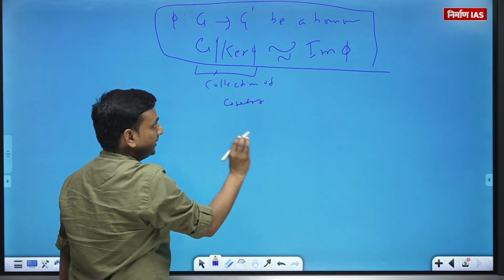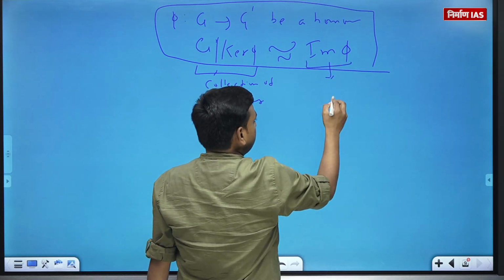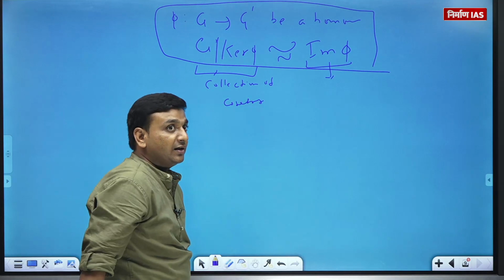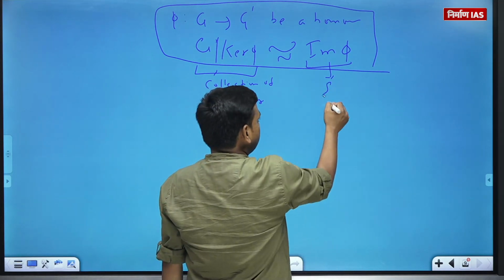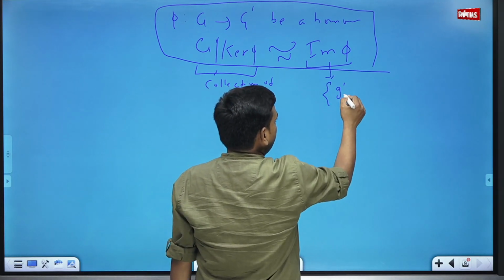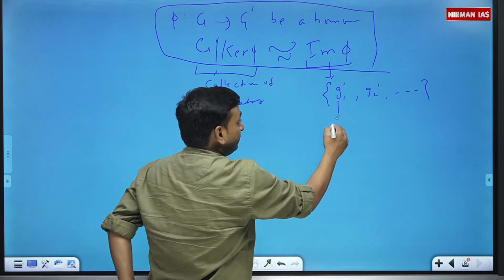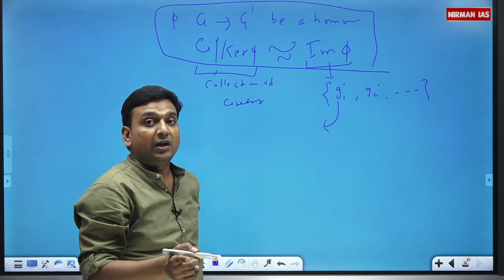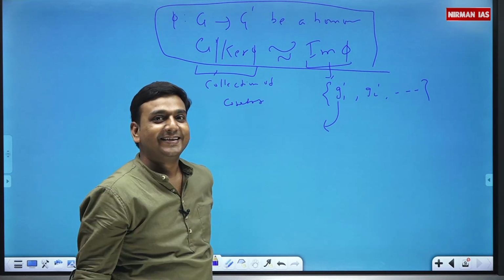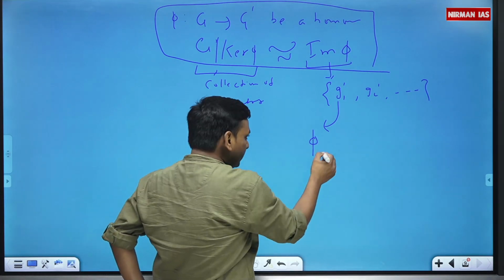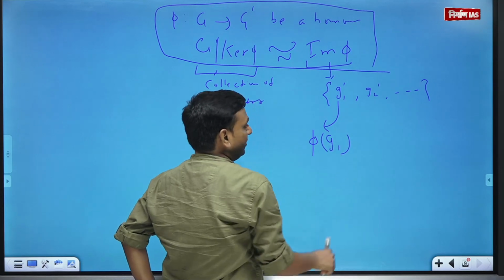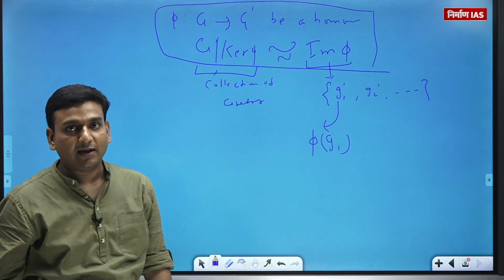cosets. Okay, and this is the image of phi, meaning if this set contains g1 dash, g2 dash like this, then g1 dash will be the image of some g1 under the map phi.